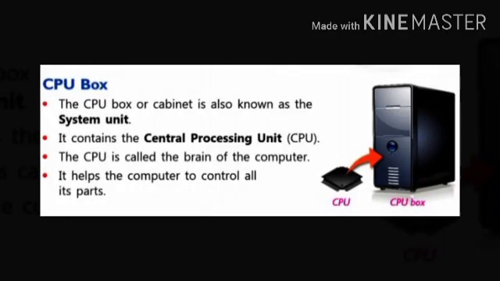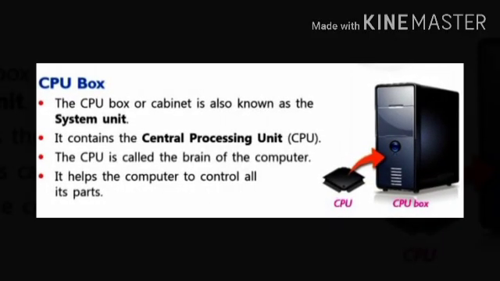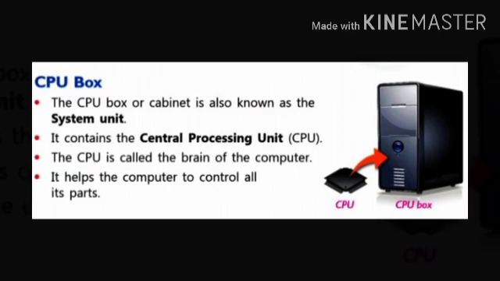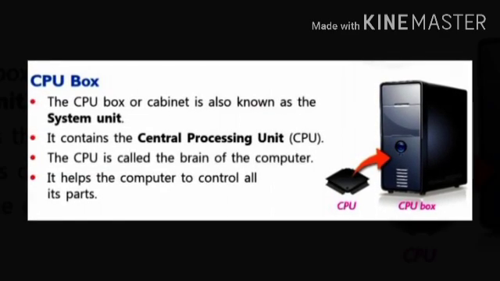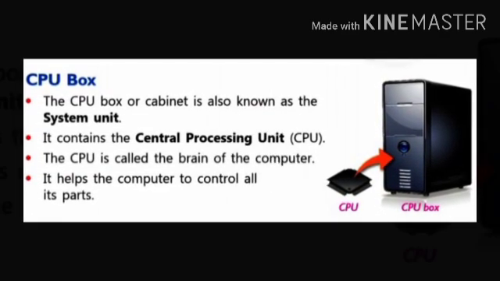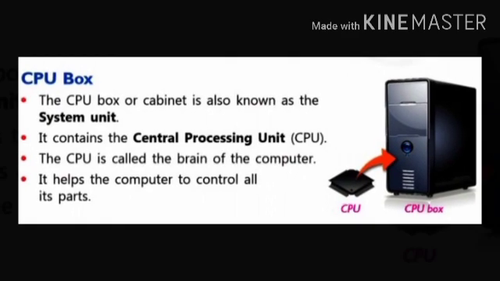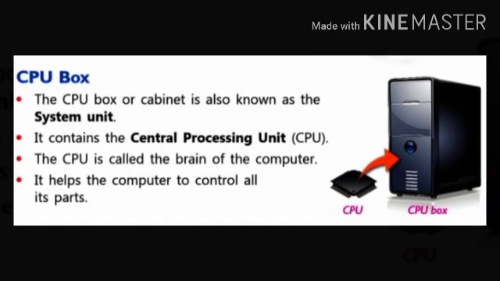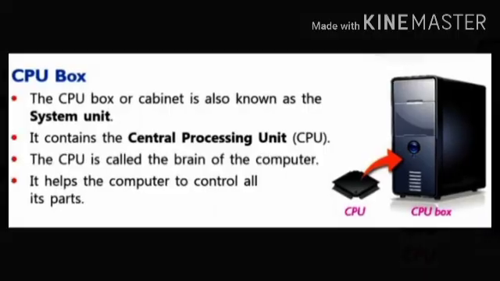Let's read about the CPU box. The CPU box or cabinet is also known as the system unit. It contains the central processing unit. The CPU is called the brain of the computer. It helps the computer to control all its parts.